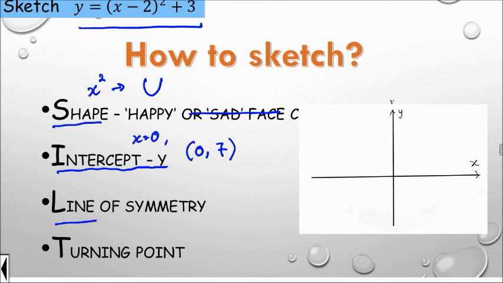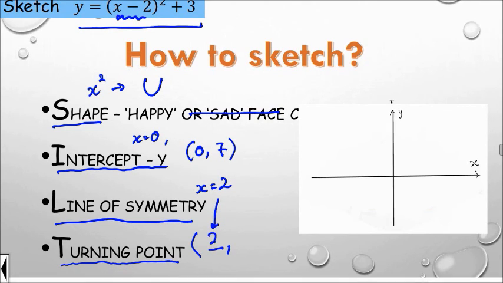The line of symmetry, I look at inside the bracket and I say that this is x equals 2. So last one, the turning point, the x coordinate is the same as the line of symmetry, and when I put these two back into the equation, I will have 3.